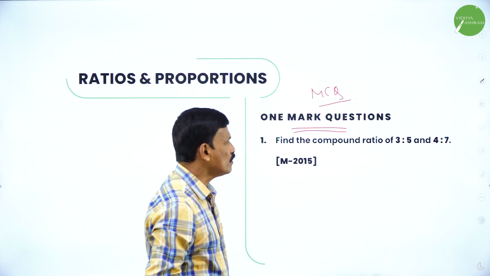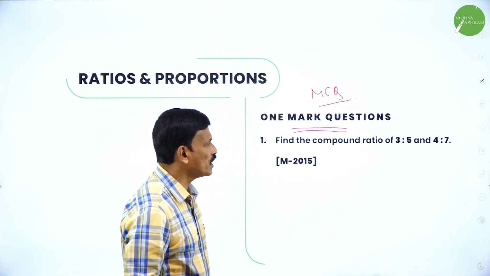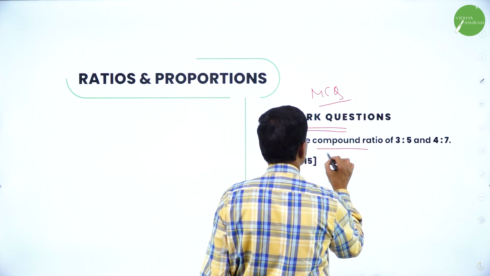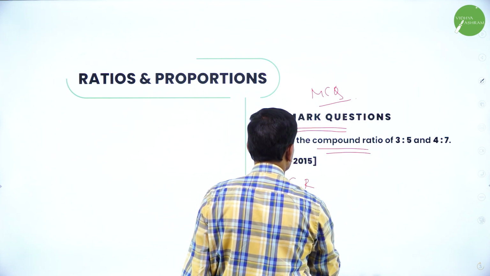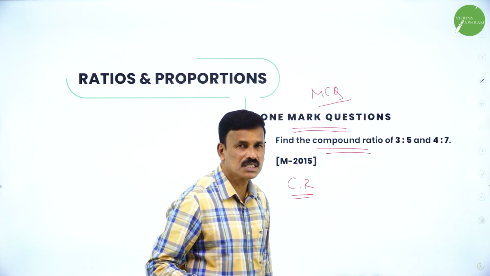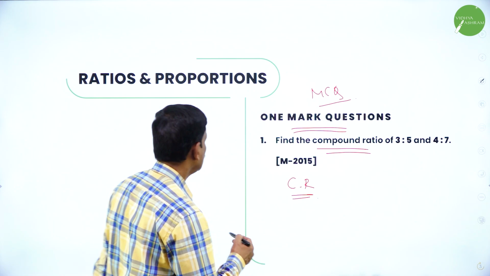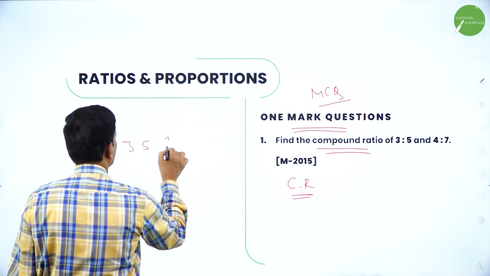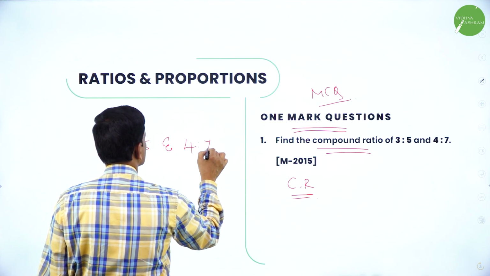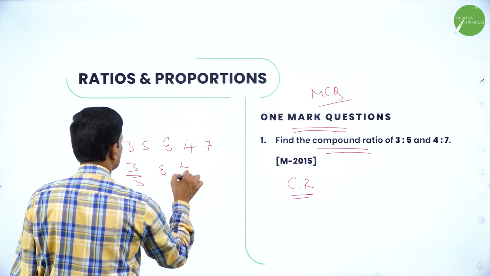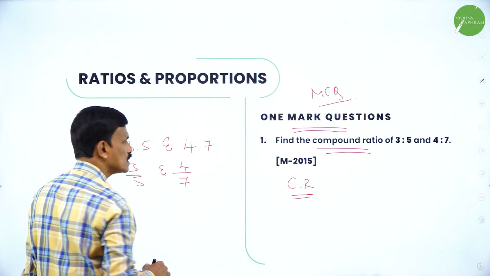Now find the compound ratio of 3 is to 5 and 4 is to 7. So what is to be found is the compound ratio. This can be written as 3 by 5 and 4 by 7.